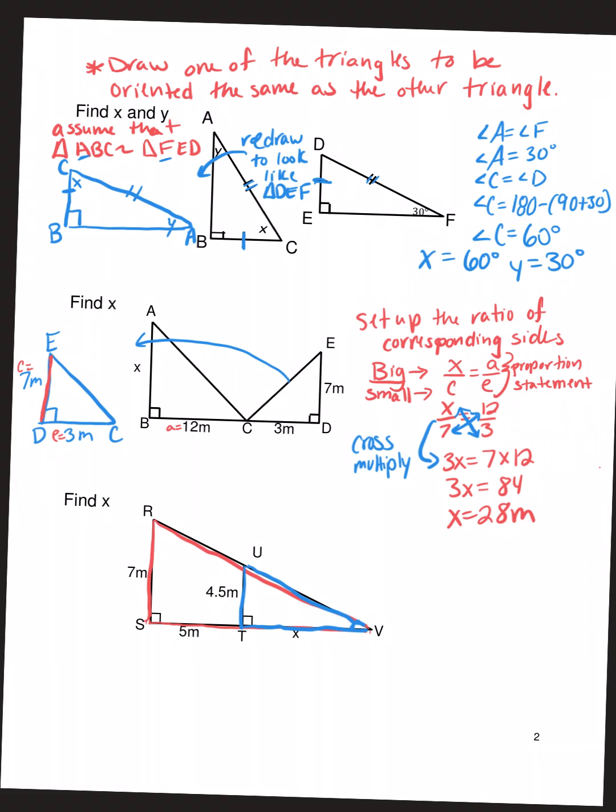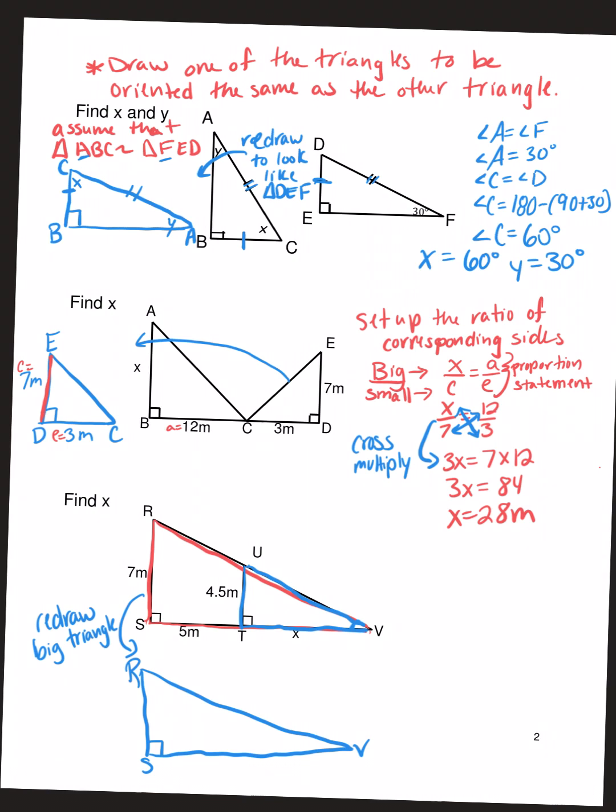So I'm going to redraw the big triangle just so we can see them kind of broken apart. And again, I want them to be oriented the same way, which they already were. There was just one inside the other. So we're going to say that this is R, S, V. And we're going to label what we know. Okay, we know this is a right angle.